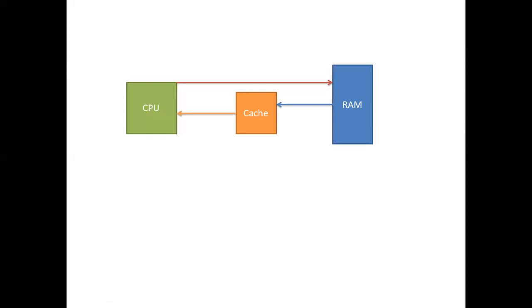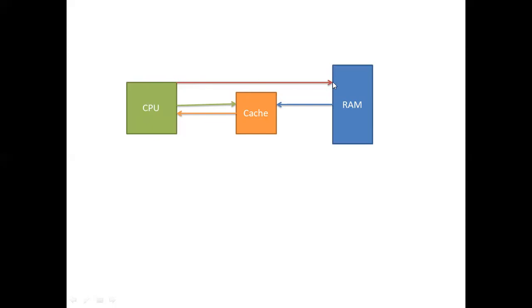Then the cache gives the information to the CPU, and that makes it easier for the CPU to access the information, instead of using this very long distance.